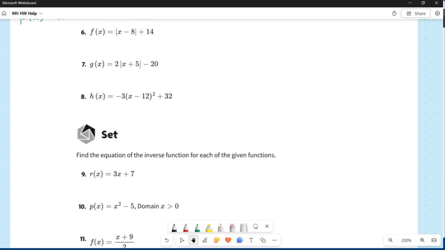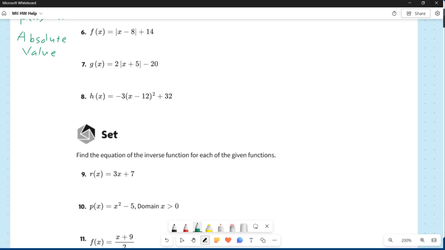Question 6. Again, recognizing the type of function here is not strictly necessary, although, again, hopefully just by looking at it, we can tell that this is an absolute value function. It has absolute value in it.